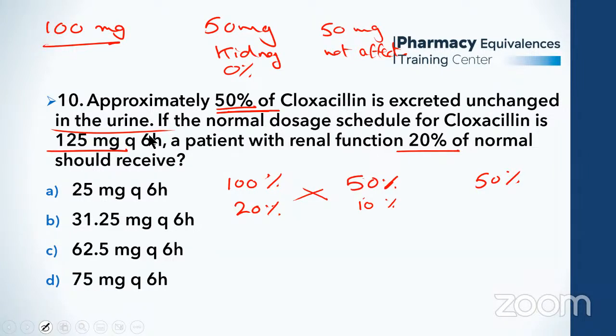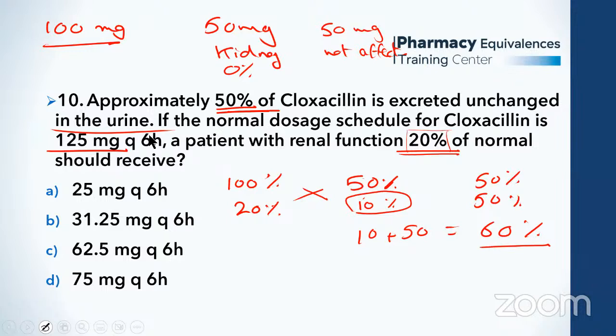So 10% will be excreted through the kidney, while the 50% is still excreted without any effect of the kidney. So the total drug excreted will be 10 plus 50, which is 60%. So when we have renal failure and the kidney function becomes 20%, only 60% of the drug will be excreted.